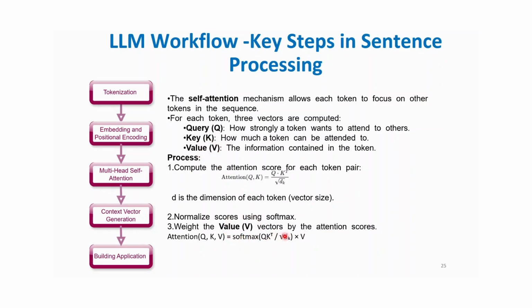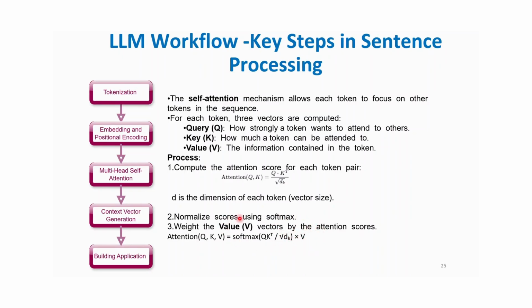The value vector is multiplied again with these softmax scores to get the final attention. The value vector is nothing but the embedding, which initially will have some values, and at the end of the training phase the weights are updated, so those will be in the value.